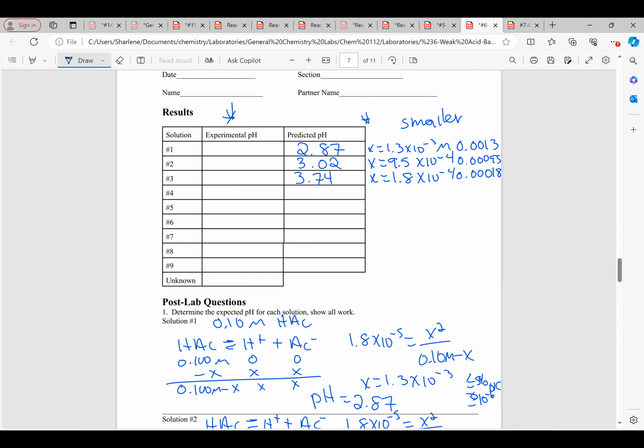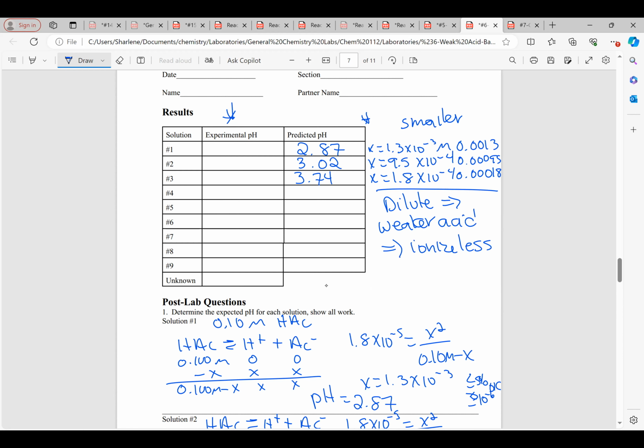What is X? X is how much it's ionizing. X is how many protons are coming off. And we just showed that as you get more dilute, you get to be a weaker acid, and therefore you ionize less.